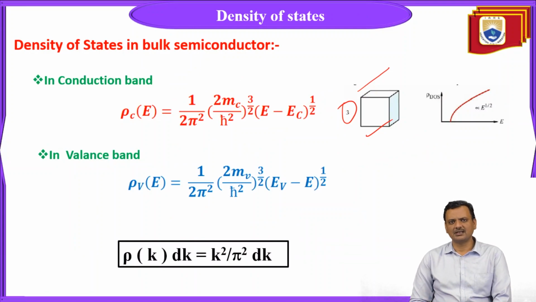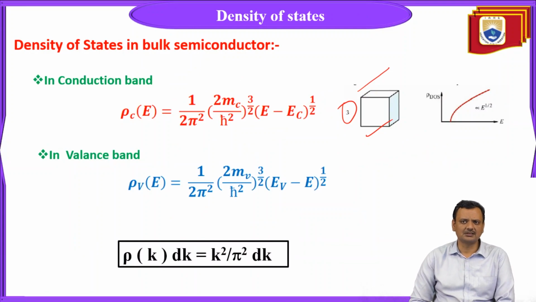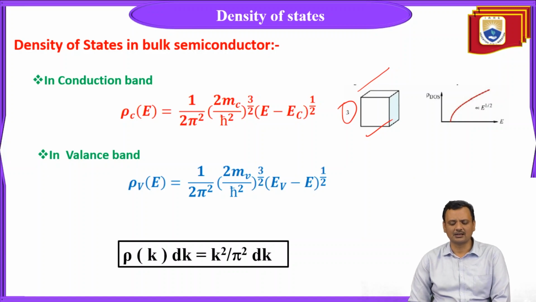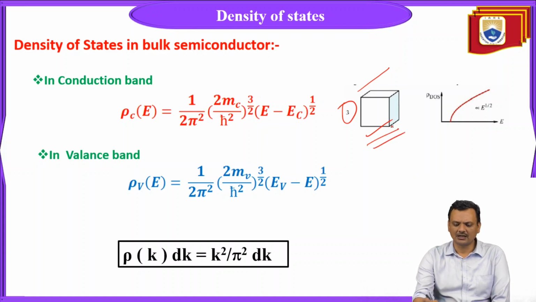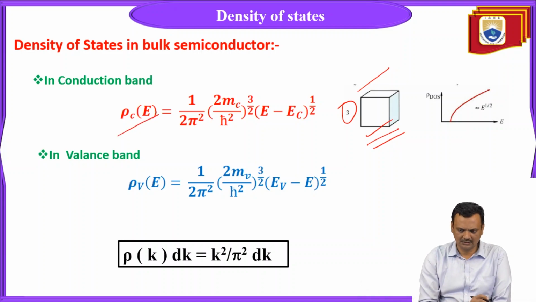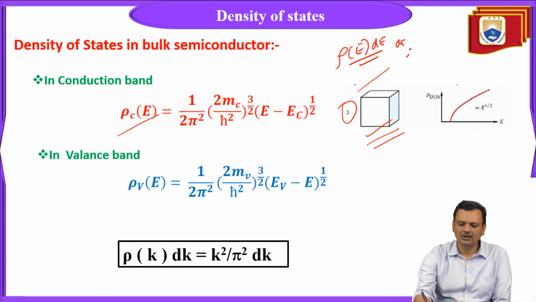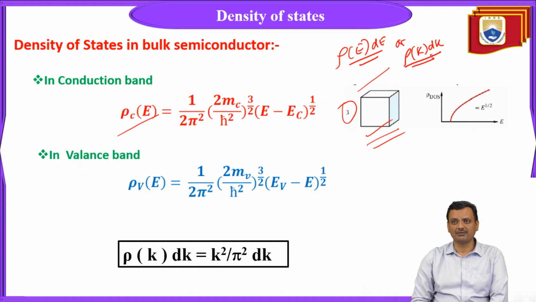We already discussed the density of state in the bulk semiconductor or crystal structure. This is the normal expression of density of state, rho E dE, or rho k dk in terms of wave vector k.